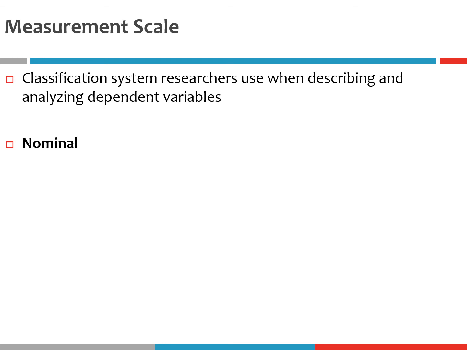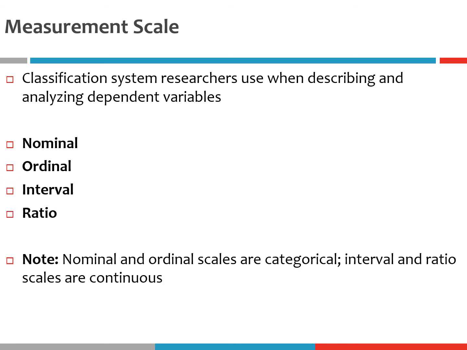So the different types of measurement scales are nominal scales, ordinal scales, interval scales, and ratio scales. The first two, nominal and ordinal, are going to be reserved for categorical variables. And the last two, interval and ratio, are going to be reserved for continuous variables.